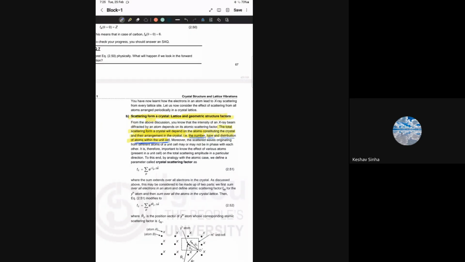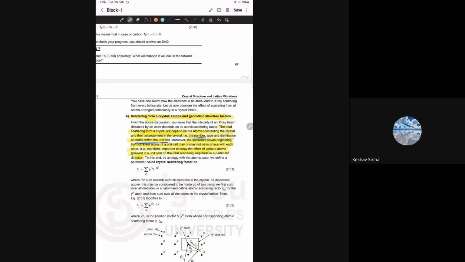Moreover, the scattered waves originating from different atoms of a unit cell may or may not be in phase with each other. This is very much important. It is therefore important to know the effect of various atoms present in a unit cell on the total scattering amplitude in a particular direction.